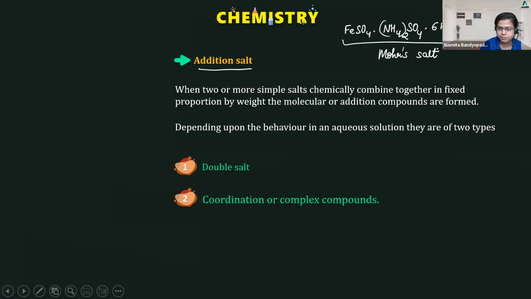Now, if I take these crystals and dissolve them in water and test for the presence of ferrous, ammonium and sulfate ions, I'll get all positive tests if I do it properly.